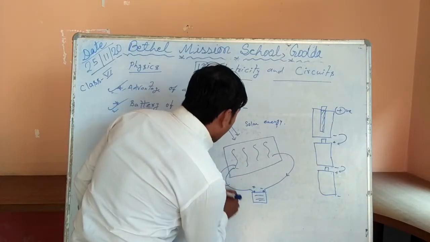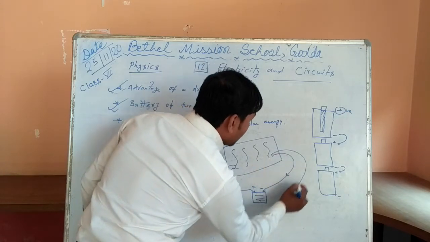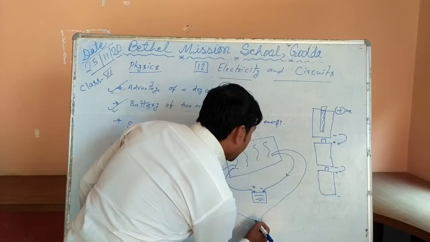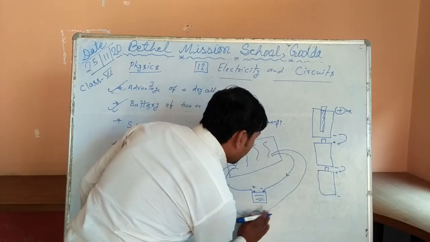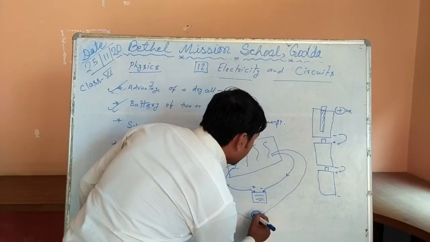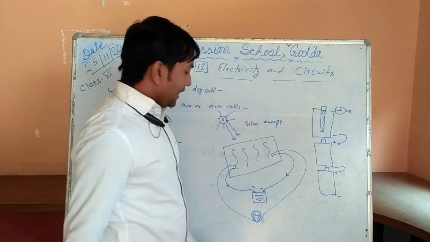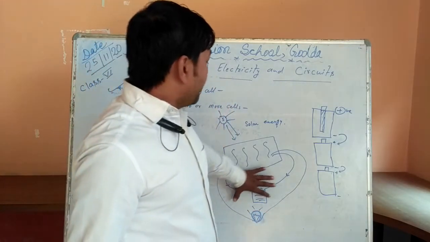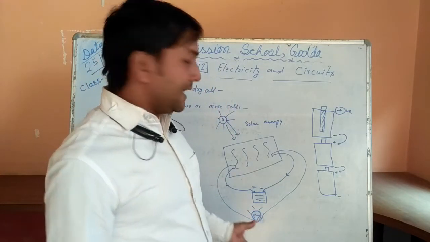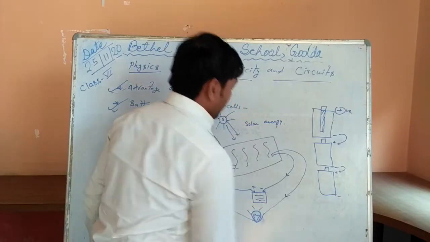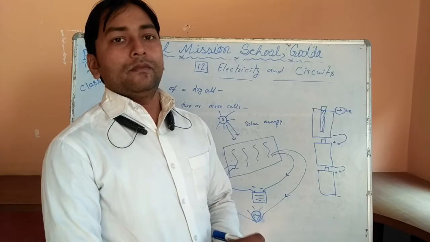You can take two wires from here and directly connect them with a bulb. I use one bulb. It will glow. If you don't charge the battery, you can connect it directly and glow a bulb.